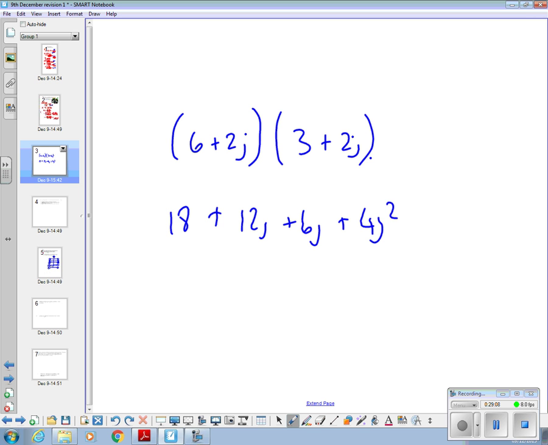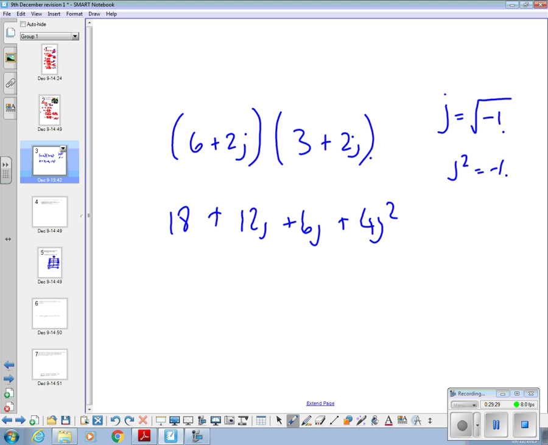What's j equal to? Square root of minus 1. So j squared equals minus 1.